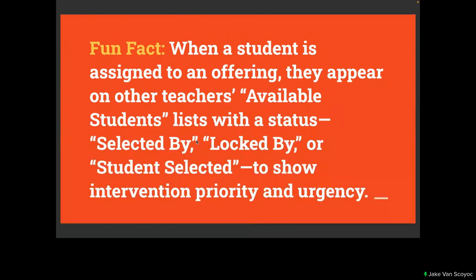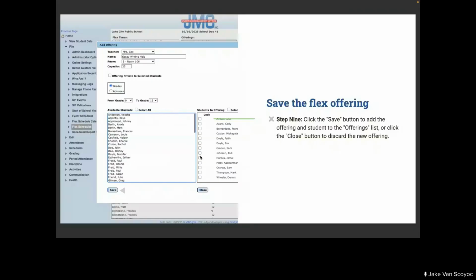Fun fact, when a student is assigned to an offering, they appear on other teachers' available students list with the status of selected by, locked by, or student selected to show intervention priority and urgency. And that's a little bit about what I was just talking about. I'll explain it more in the live look, but that's really the communication piece that's vital to this MTSS system.